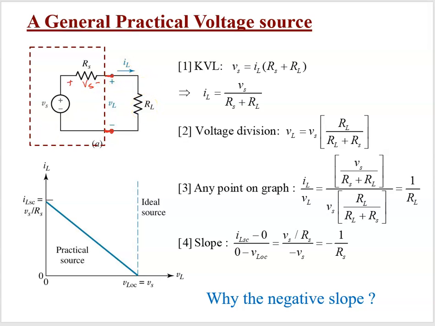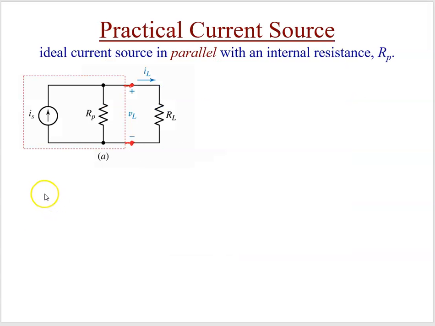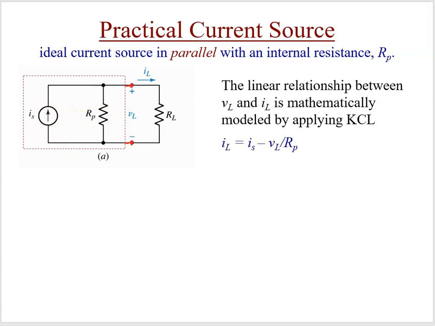So let's further take a look at our practical current source, and we'll analyze that like we analyzed the voltage source. So again, this ideal current source, key here is that resistance is in parallel. A current is the dual of a voltage, series is the dual of parallel.